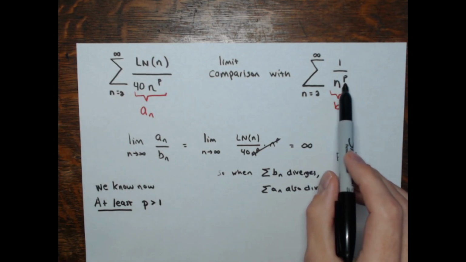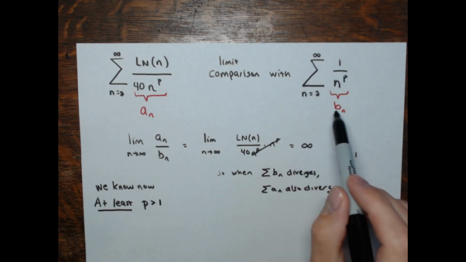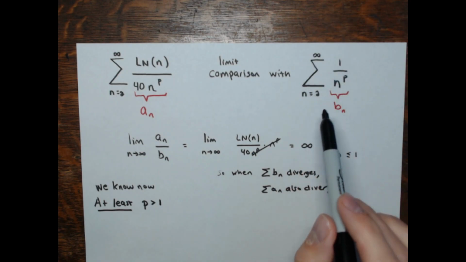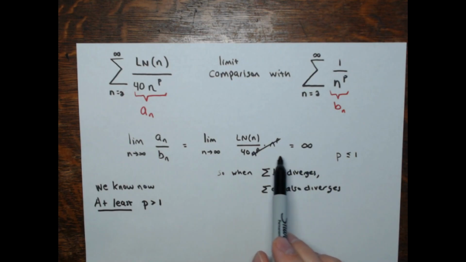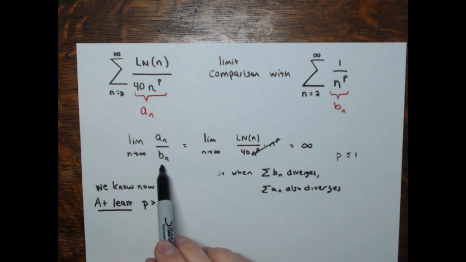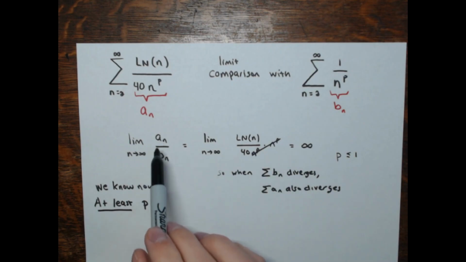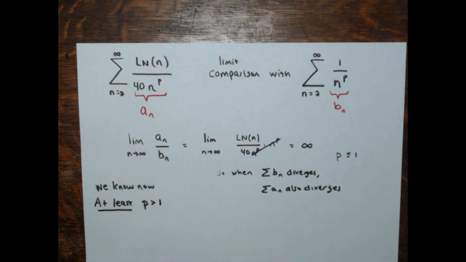And when p is greater than 1, the p series converges. But remember, when the limit's infinity, just because the denominator series is converging, you can't say anything about the numerator series. All right, so I've got to do a little bit of a different comparison here.